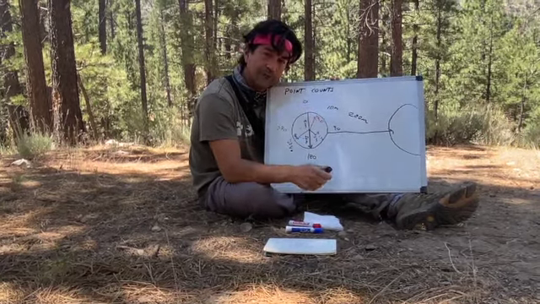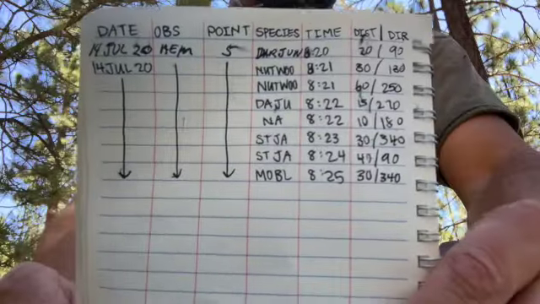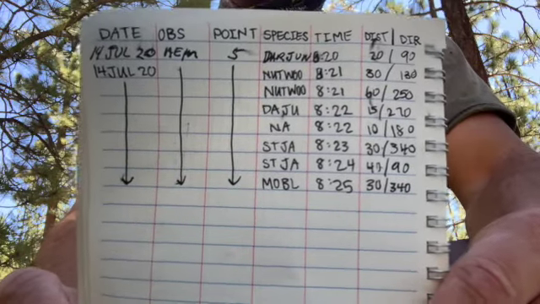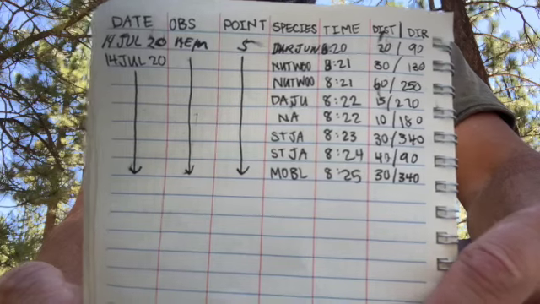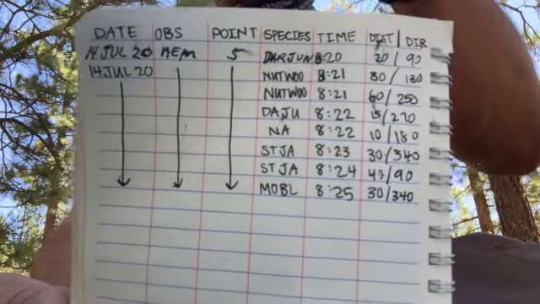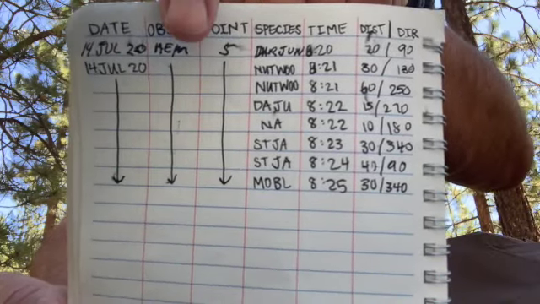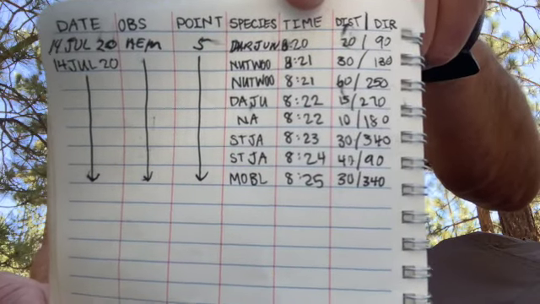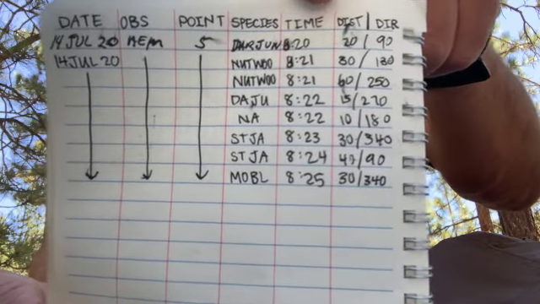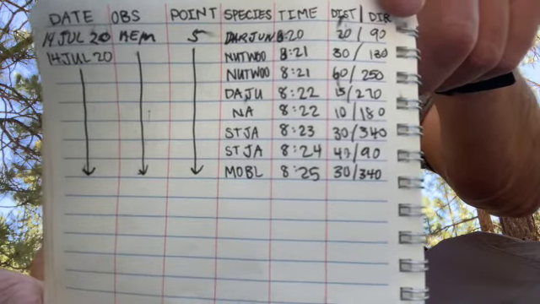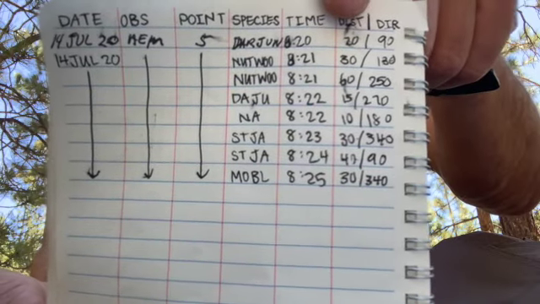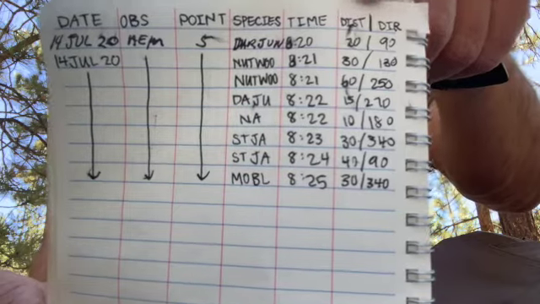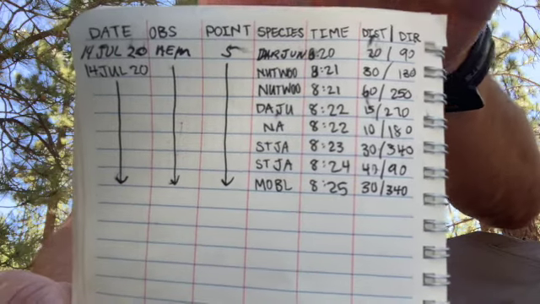All right, everyone, here is what one of our points would look like. We have the date in the top column, we have observer, we have the point, we have the species, the time of detection of each individual. Then we have distance and direction. Distance, remember, we're always going in meters, which to you is almost like yards, but anyway.